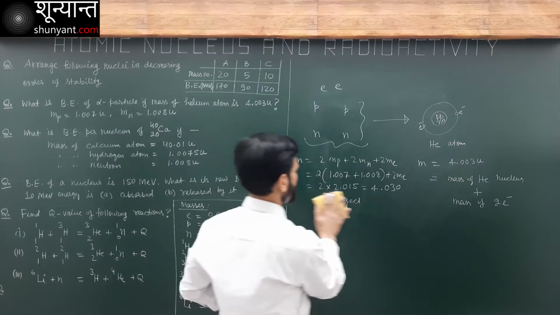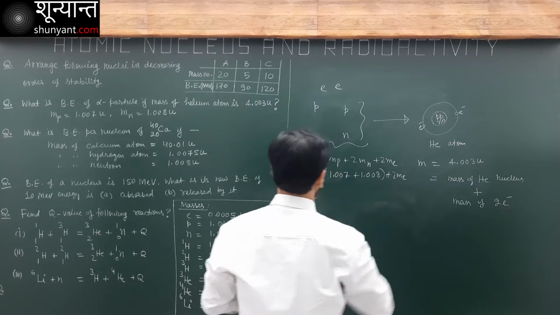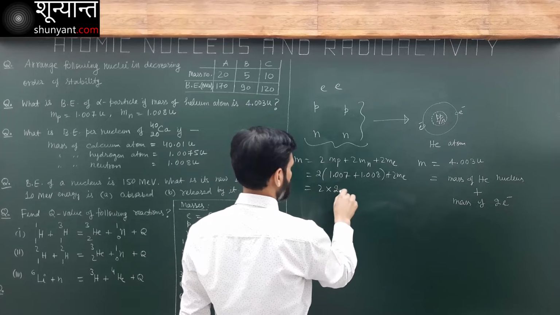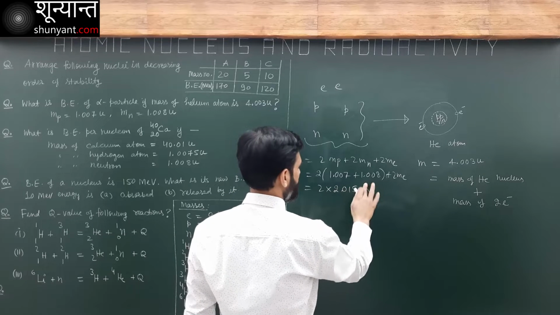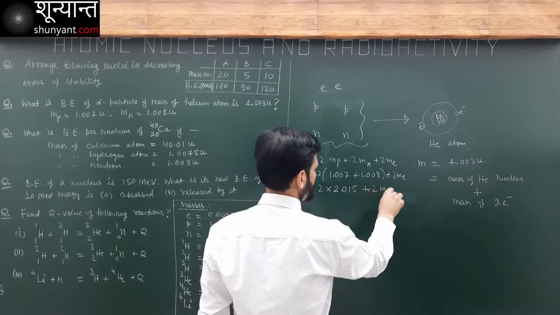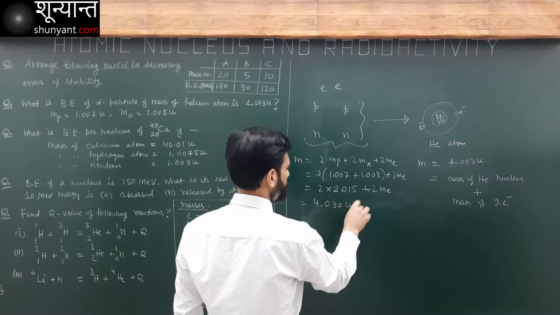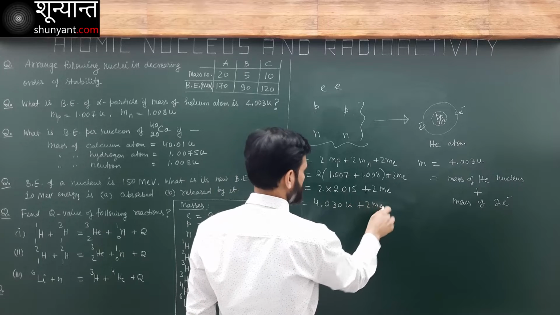Okay, let me write it this way. I think this will be more suitable. So this is going to be equal to 2 times 2.015 plus 2 times the mass of electron. This is 4.030 U plus 2 times the mass of electron.